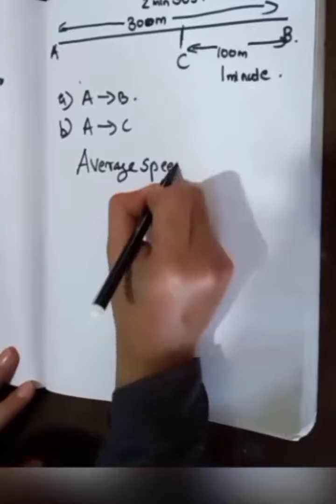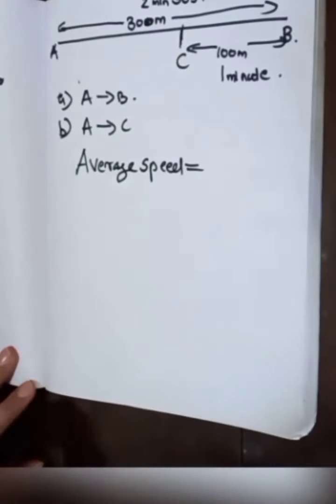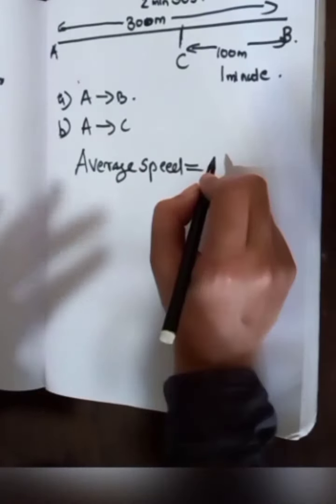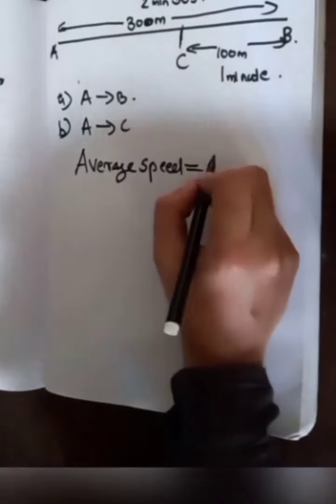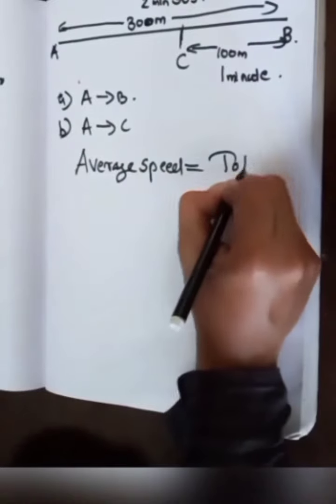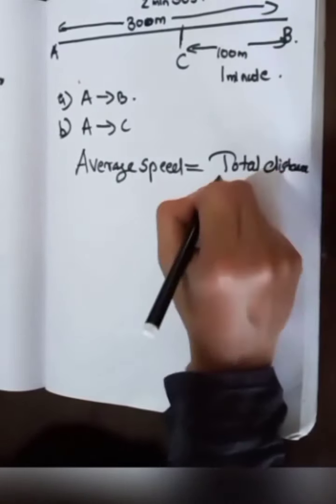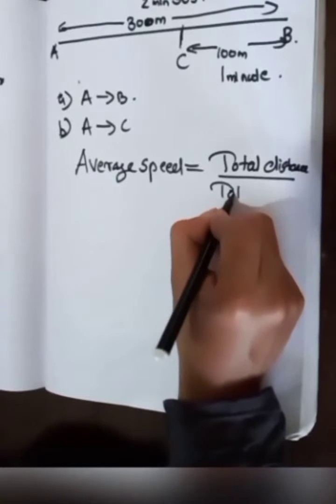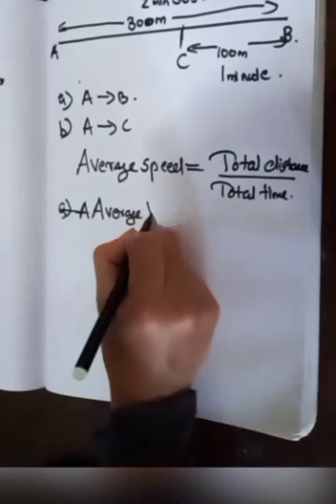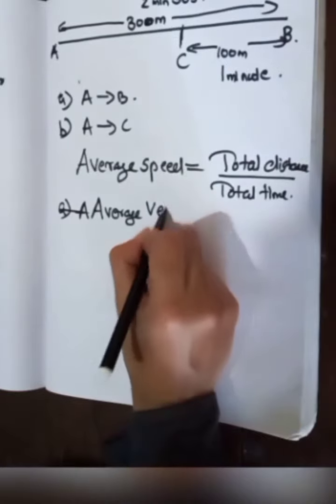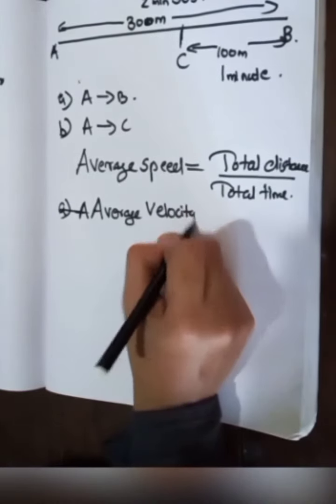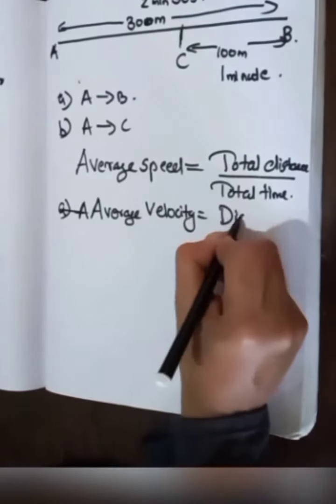We know the equation for average speed. While solving a problem, first you have to write the equation. Average speed is equal to total distance by total time. Average velocity can be written as displacement by time.